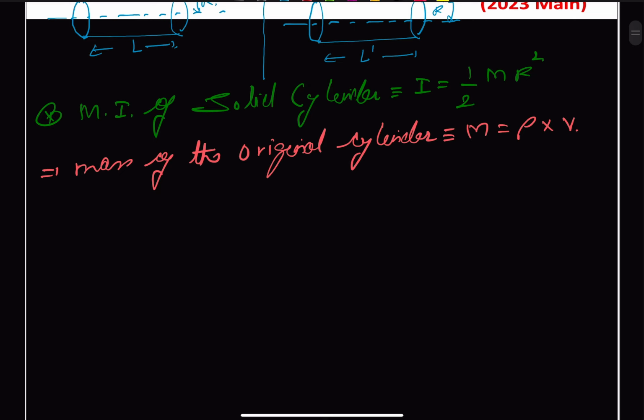Therefore we can say our mass M will be equal to density rho multiplied by volume, and volume will be our pi r square L.